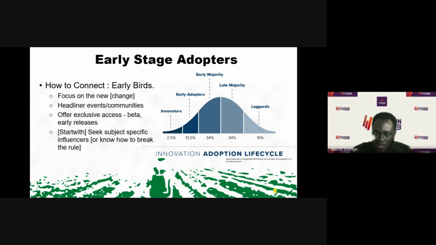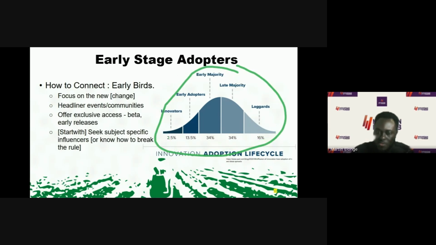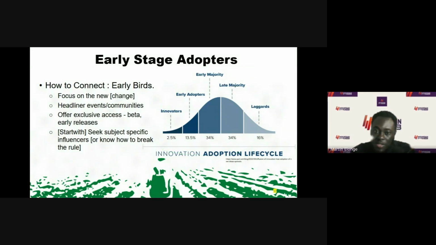This graph, for instance, on the innovation adoption cycle, was propounded by Everett, a scholar. The adoption cycle talks about different users here, right? Bill Gates, for instance, uses what he produces. Let's use very contemporary examples.